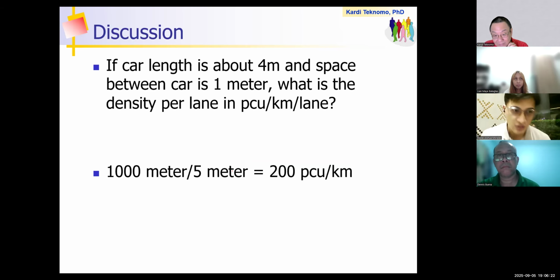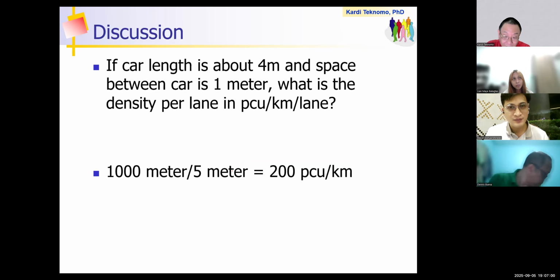Yes, please, Joshua. For pedestrians, would it be true also if the flow is going only one direction? But what if it's going both ways? Because this is per lane, so you need to get per direction. Per lane, per direction. For pedestrians, it's difficult because there is no lane.